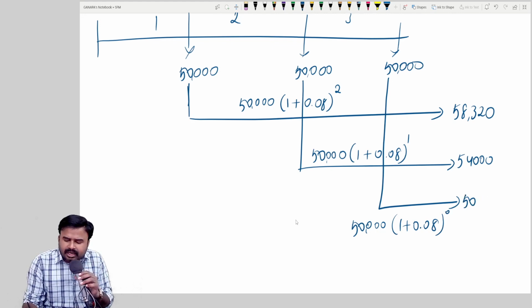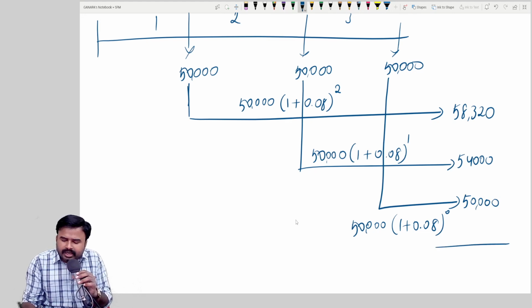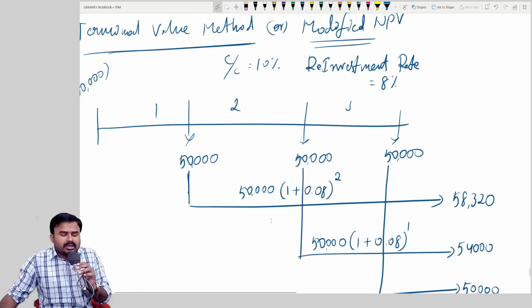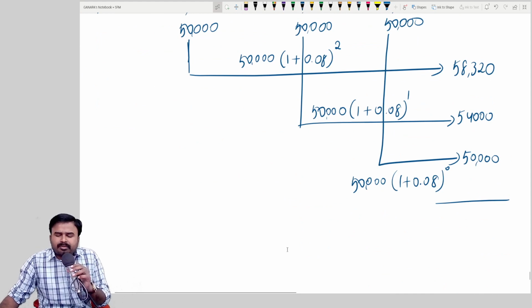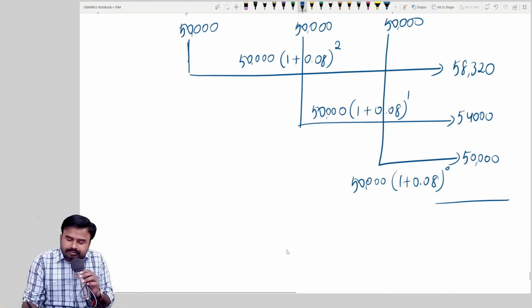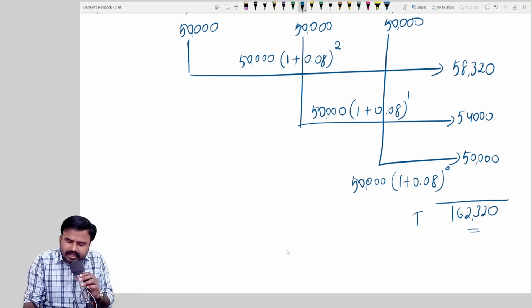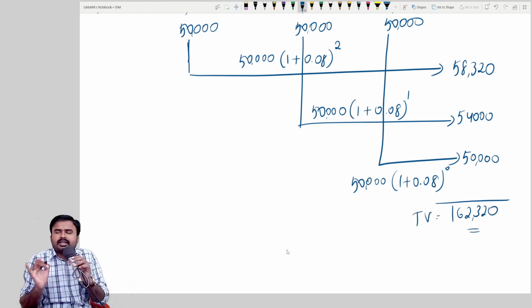In this way, convert all the year's inflows into terminal year by using the reinvestment rate as your compounding rate. Now sum up all these figures: 162,320. This is my terminal value.